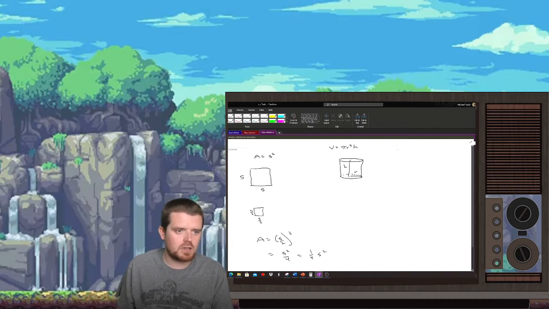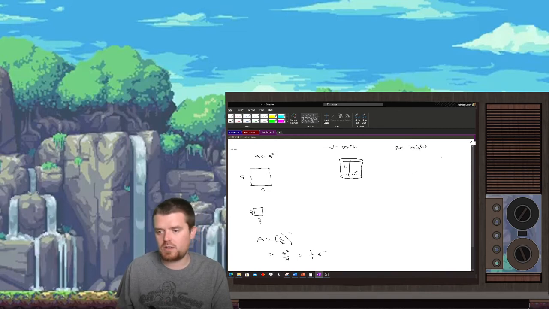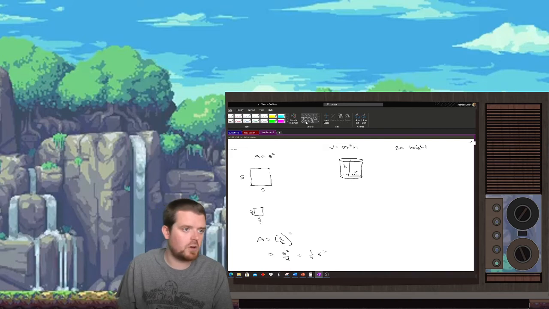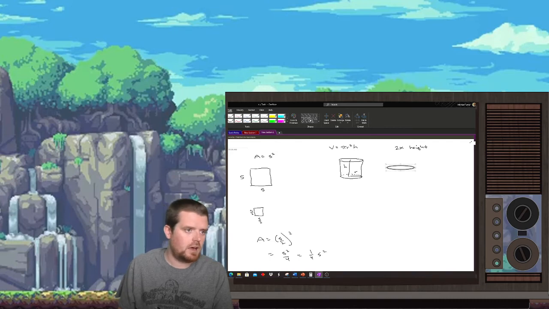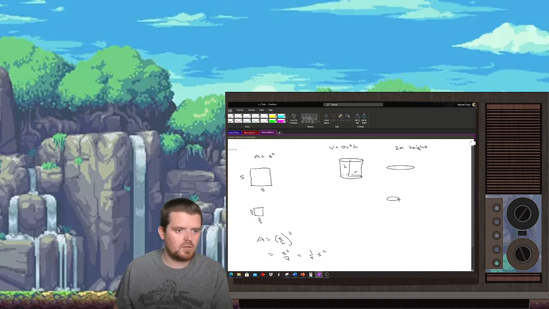So if I were to, let's say, double the height, and you can do this again visually, or you can do it algebraically, but if I were to double the height, okay, the circles wouldn't change. Those would be the same, more or less, bear with me.